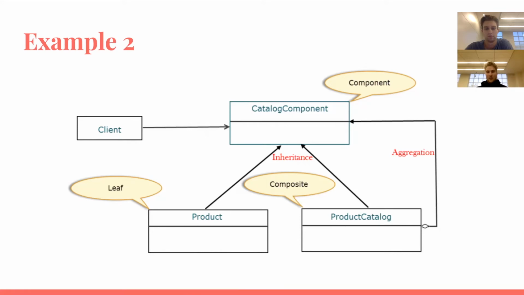And you can see through the aggregation that the product catalog will be the composite in this class, and the product will be the leaf, which means that product catalogs can have other product catalogs stored in them, as well as an aggregation of leaves, which are the products. So I'm going to pull up my code.